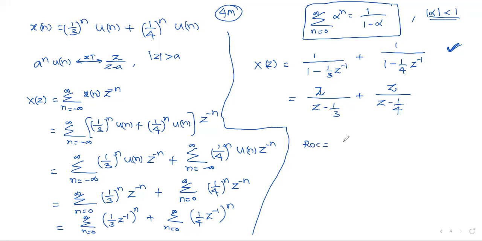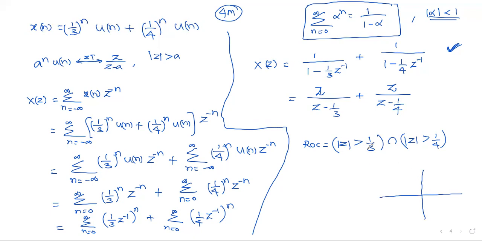ROC is mod z is greater than 1/3 intersection mod z is greater than 1/4. If two signals are there, the intersection, whatever the common area is, we will consider as the resultant ROC. Now you draw that z plane.